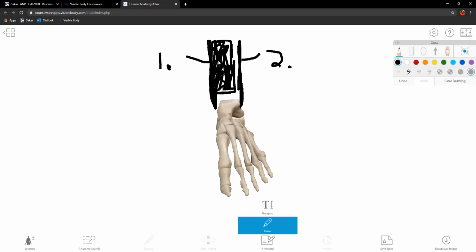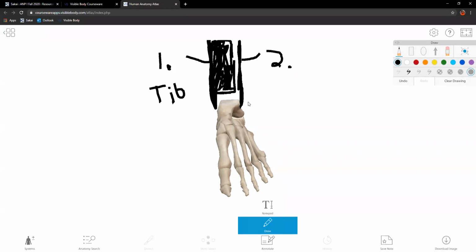All right, so number 1, here we're looking at a bone that sits right on top of your talus and one that has kind of this little bony extension here coming off on the medial side. So here's our big toe, our medial side. And so this right here is going to be the medial malleolus of your tibia. So this right here is going to be your tibia.